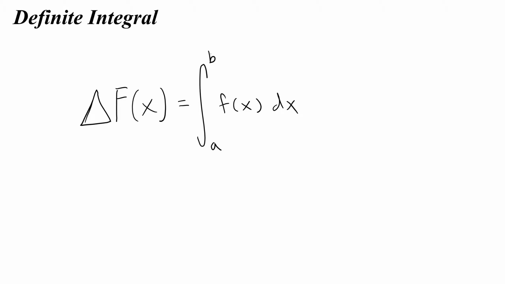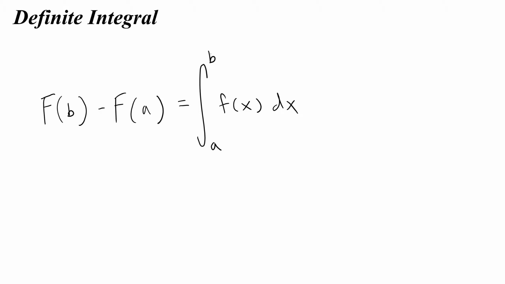Of course, to denote that this change in capital F is from a to b, we normally wouldn't write delta capital F. Instead, we would write capital F of b minus capital F of a. So capital F of b minus capital F of a is equal to the integral, or the antiderivative, of some function lowercase f of x from a to b.